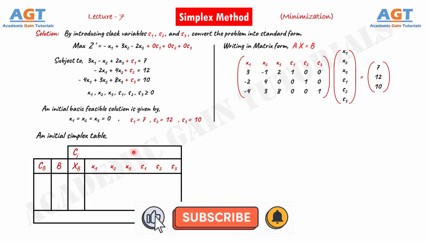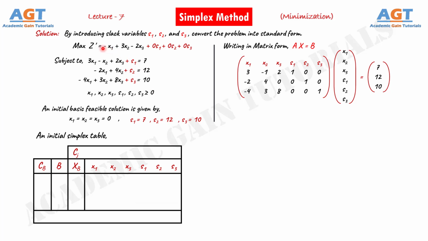Now, the first row on the table is for Cj. To fill up this row for Cj, we will take a look at the objective function. Here, in the objective function we have 6 variables, x1, x2, x3, s1, s2, and s3, and in front of each variable there is the cost of these variables, -1, 3, -2, 0, 0, and 0.